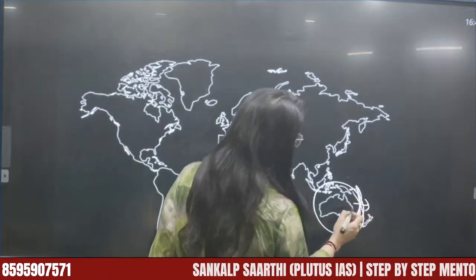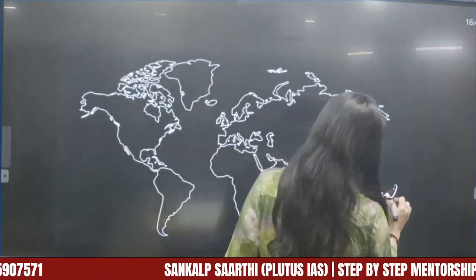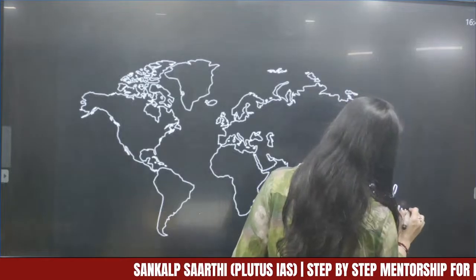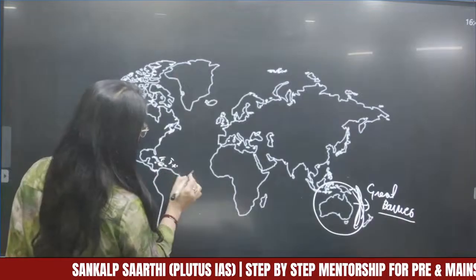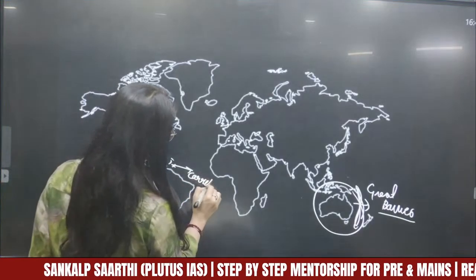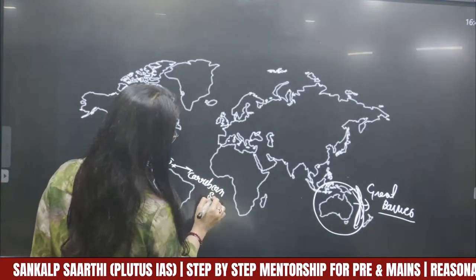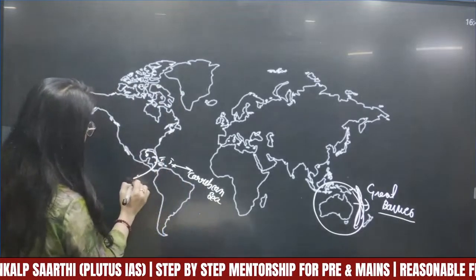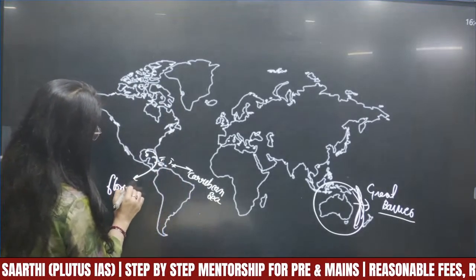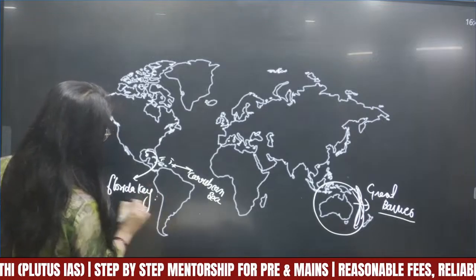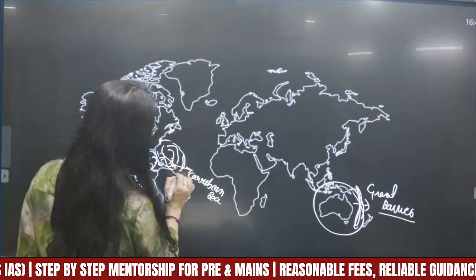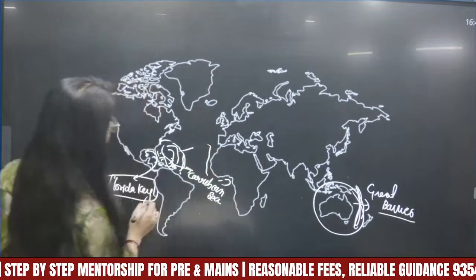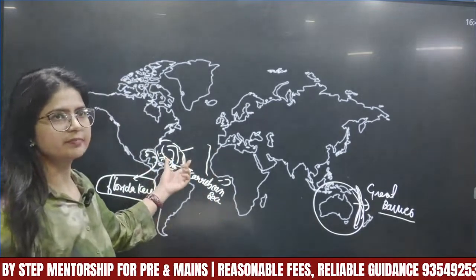Now understand that this is one of the places which is important for the coral reefs. I have told you, Great Barrier Reef. Another important area is Florida Keys. Now this is the Caribbean Sea over here. And here you are having Florida Keys. This is also an extremely important place for the coral reefs. If you see the spots on the world map of the coral reef, you will see a lot of concentration over this place.